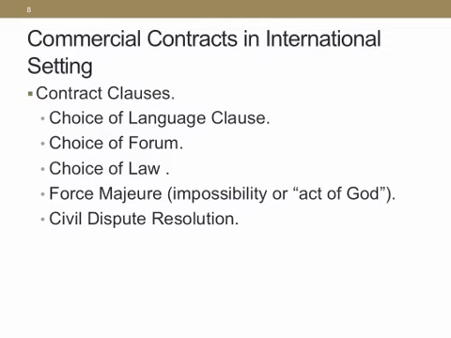Commercial contracts in an international setting, there's certain clauses to take a look at: which country's language to use, where disputes would be settled, under what law, or what's called a force majeure clause, where it's impossible to fulfill the contract due to some act of God, natural disaster, and also some provision regarding civil dispute resolution.